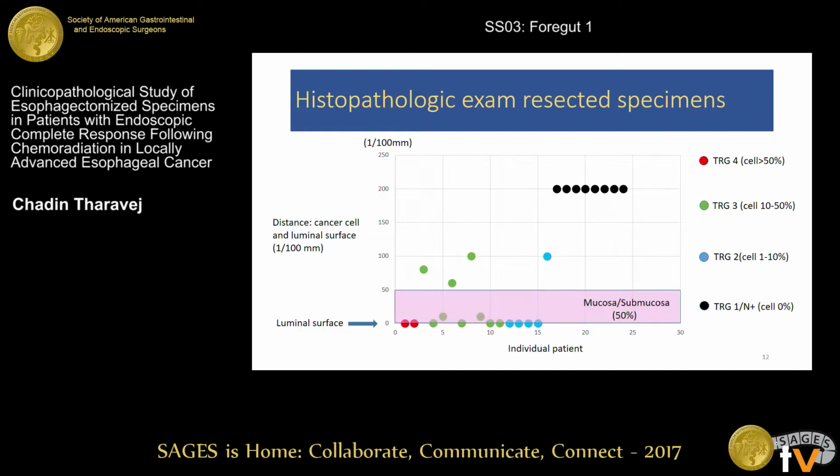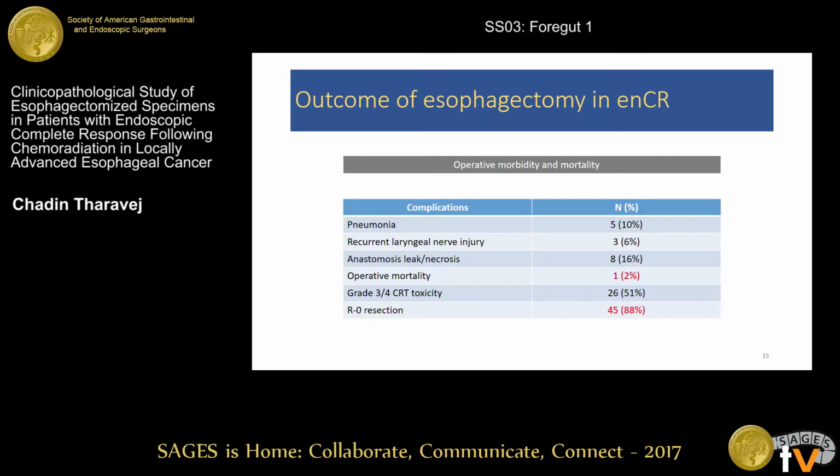Basically, about 50% of the residual cancer cells were confined to the mucosal and submucosal area. On the other hand, the other 50% of the residual cancer cells were located outside the mucosal and submucosal area, and they were unlikely to be detected by endoscopic biopsies.